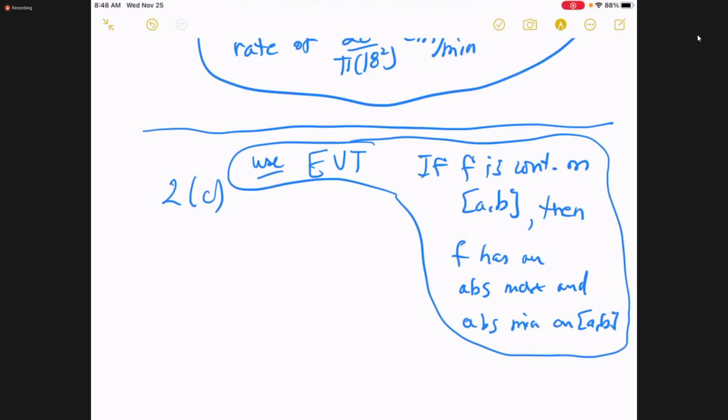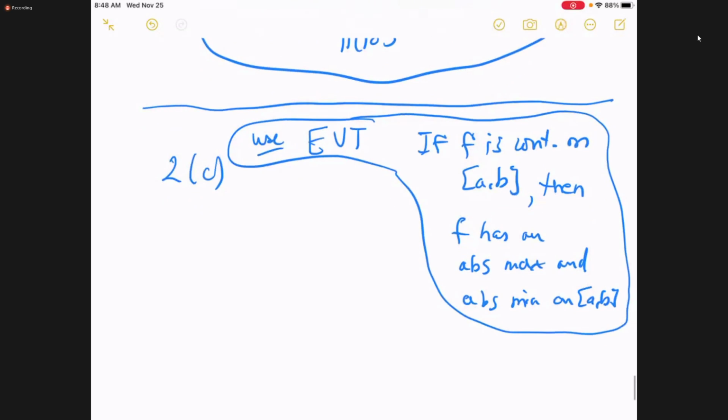You're using it, but not directly. The fact that the extreme value theorem holds is why you can always do this.